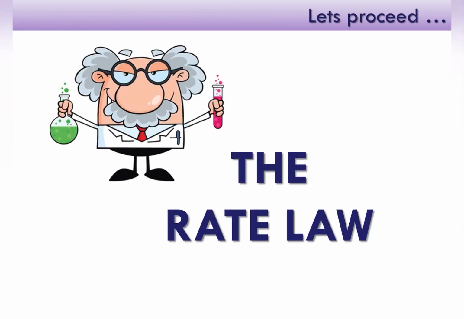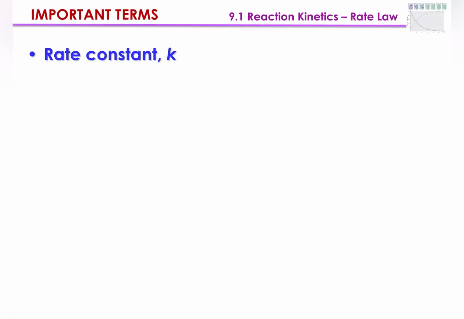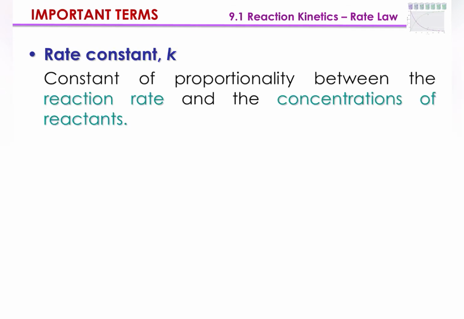Let's proceed. In rate law, there are two important terms that you have to know. The first one is rate constant, which is the constant of proportionality between reaction rate and concentration of reactants. Please take a look. We only focus on the reactants sahaja untuk rate constant. The second term adalah order of reaction.